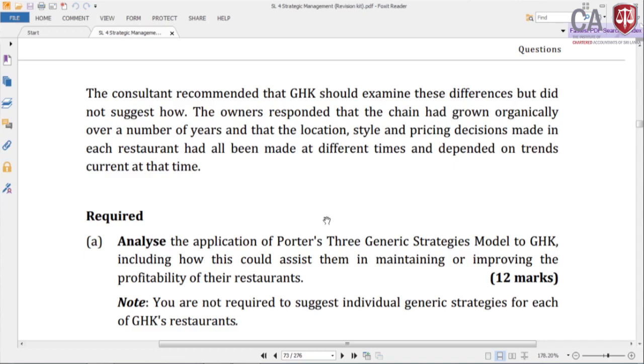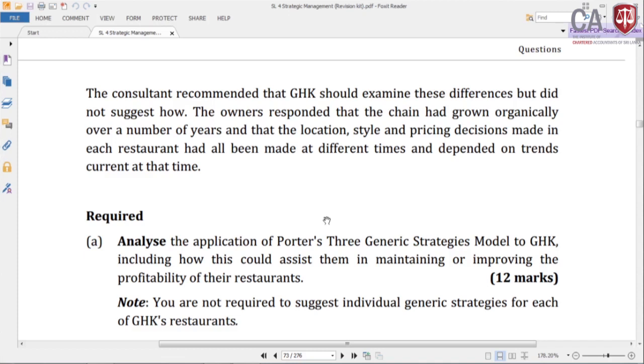Now we have identified the facts given in relation to the 8 restaurants. Accordingly, we found there are 3 restaurants in the middle of the road. They have not specialized in either cost leadership or differentiation.